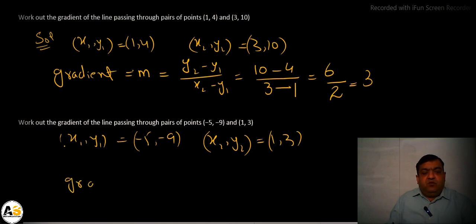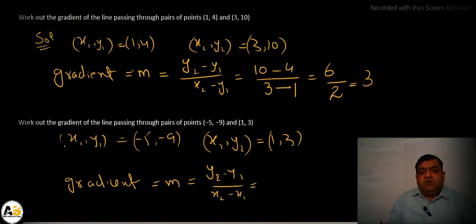Simply the gradient will be y2 minus y1 over x2 minus x1, which will be 3 minus minus 9 over 1 minus minus 5.